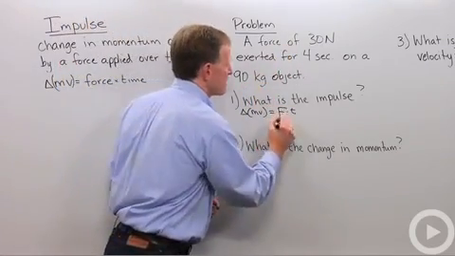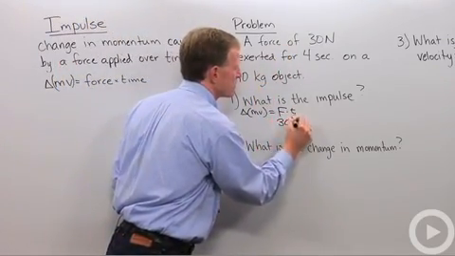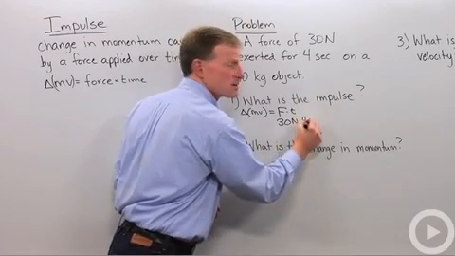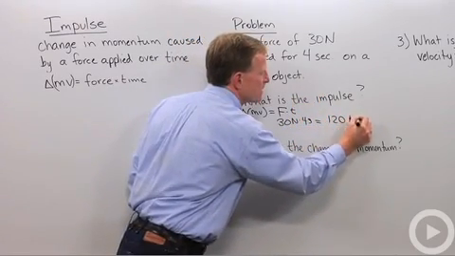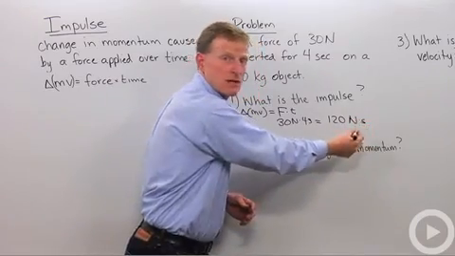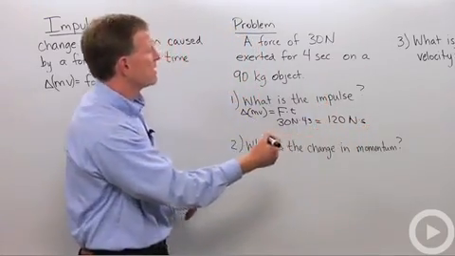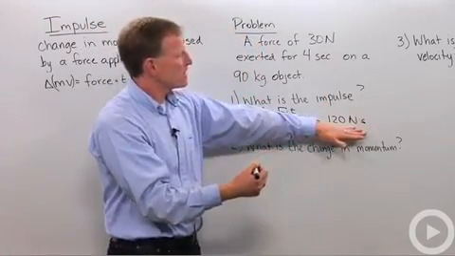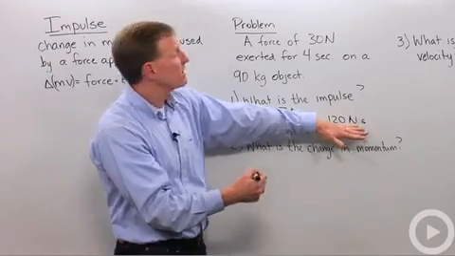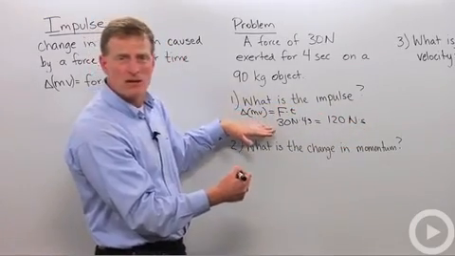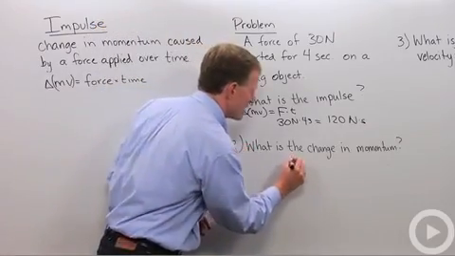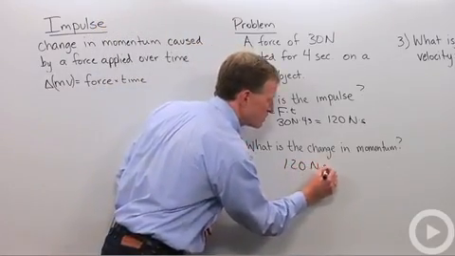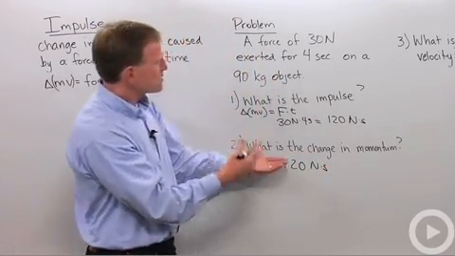Okay, and I've got 30 newtons times 4 seconds, and that's going to equal 120 newton seconds, which is the unit for an impulse. Okay, so if the impulse is 120 newton seconds, then that's also the change in momentum. Okay, so the change in momentum is the same, 120 newton seconds. Okay, so that's pretty straightforward.